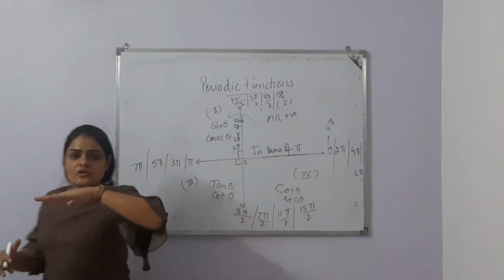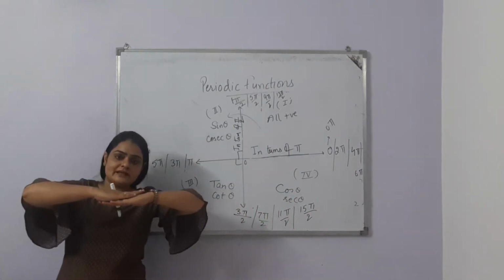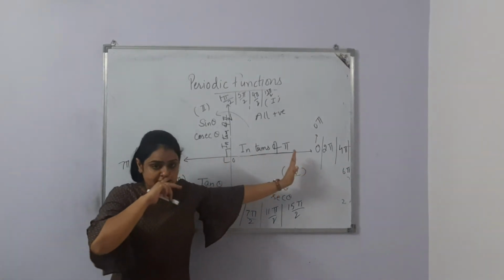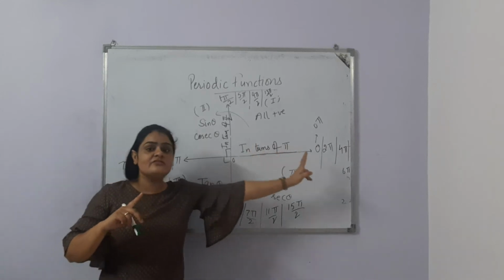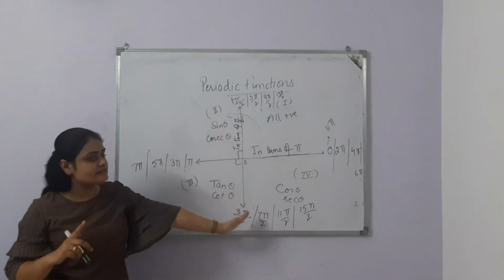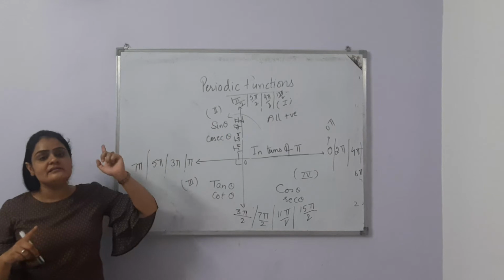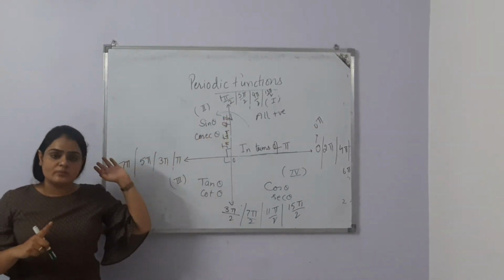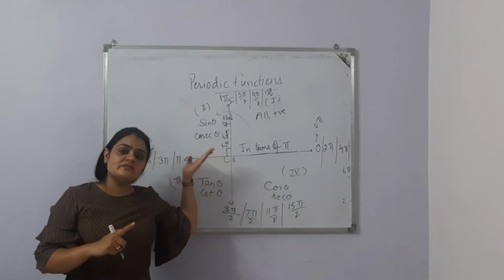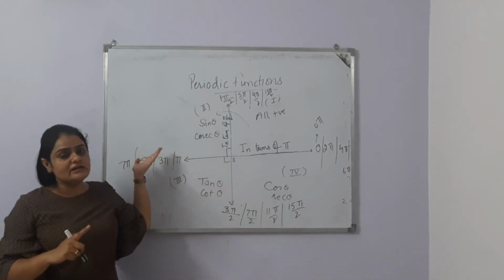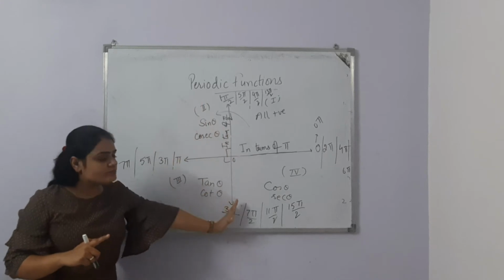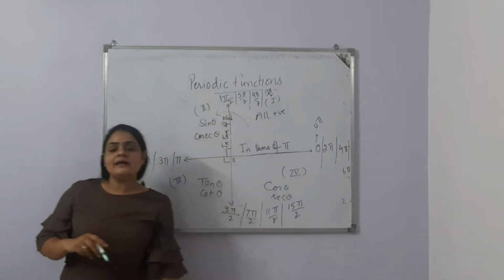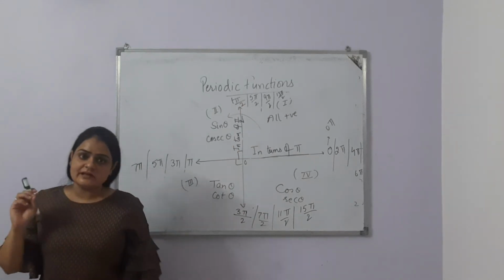Again I am saying, the horizontal line, your x-axis, always takes the angles which are in terms of pi, and the y-axis considers only the angles coming along with pi by 2. So remember this: the x-axis, the horizontal line, means angles along with pi, and the vertical line, the y-axis, means angles along with pi by 2. Hope this is clear to you.